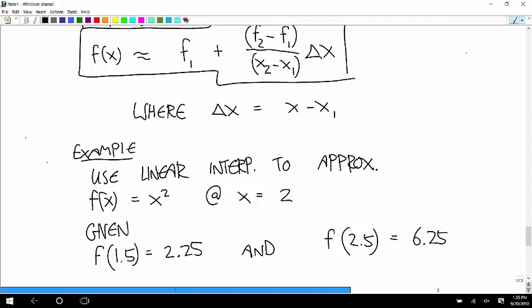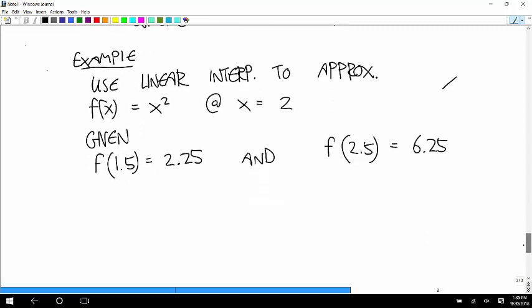Okay, so we know function values at an x value of 1.5 and an x value of 2.5. We're going to use linear interpolation to approximate the f value at x equals 2. Any questions about the problem?